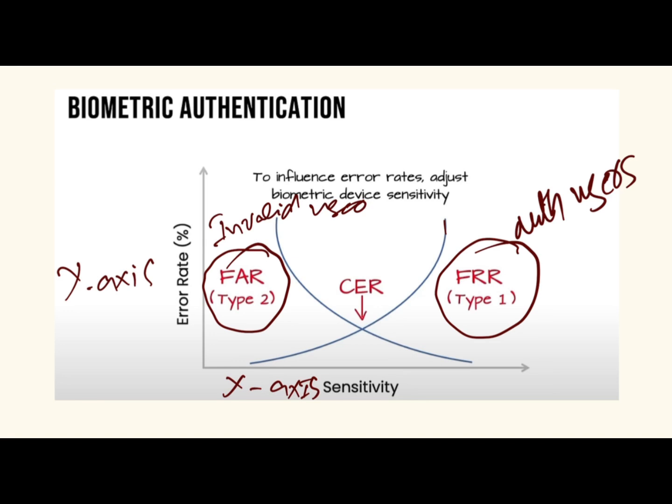That is the sensitivity line, and lower sensitivity leads to a higher false acceptance rate.